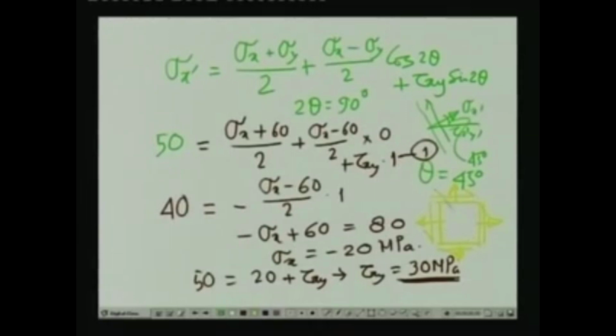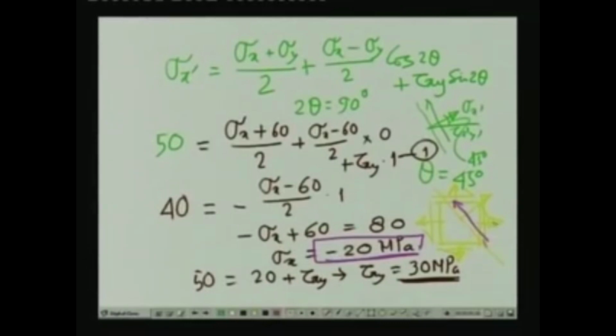And on this plane, which is at an angle of 45 degree with the x plane, sigma x dashed and tau x dashed y dashed act. So, these are the values of sigma x. Sigma x gives you minus 20. Here, the stress is minus 20.